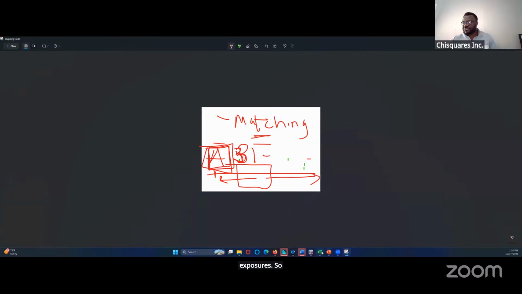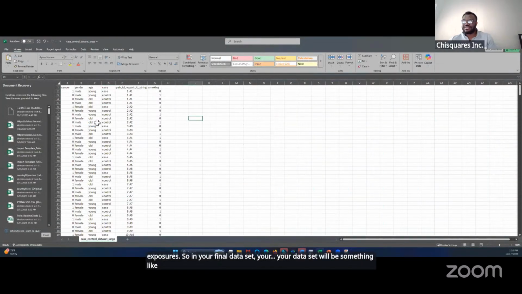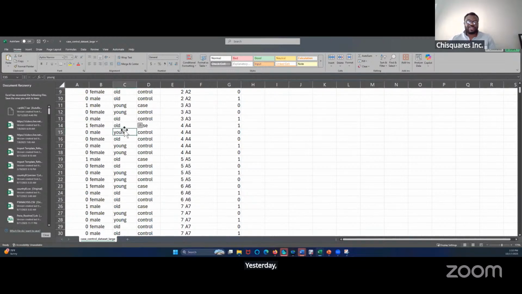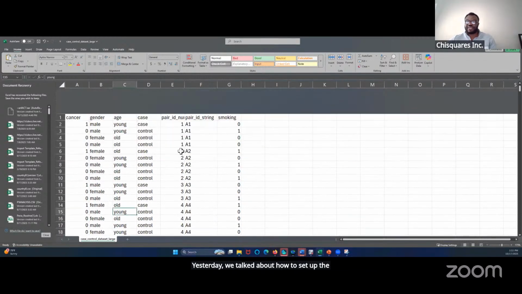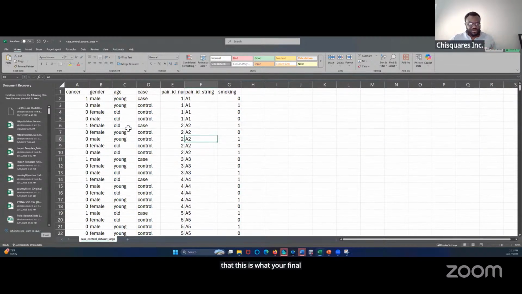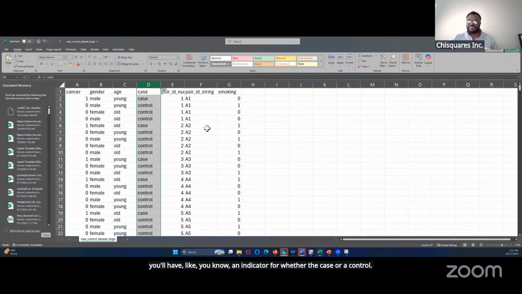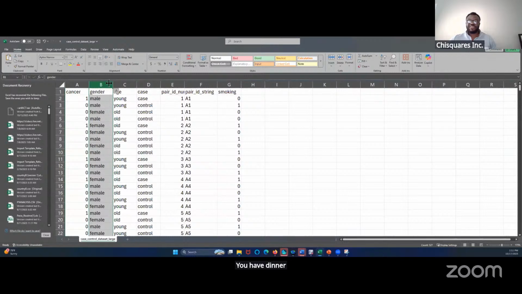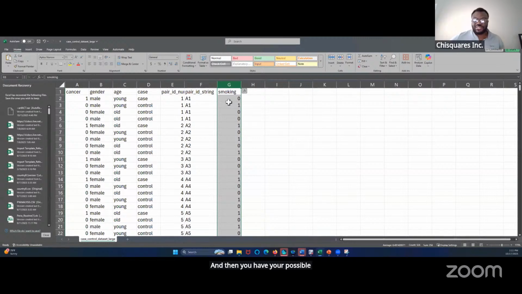So your final data set will be something like this. Yesterday, we talked about how to set up the survey on the Chisquares platform, but this is what your final data set would look like. You will have an indicator for whether they're a case or a control. You have data for variables like gender, age, and then you have your possible suspects, right?